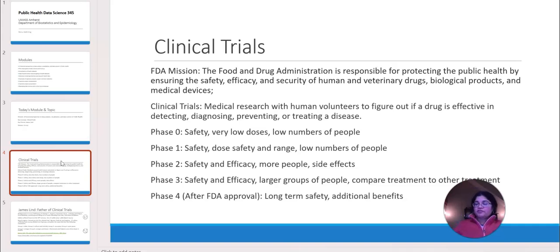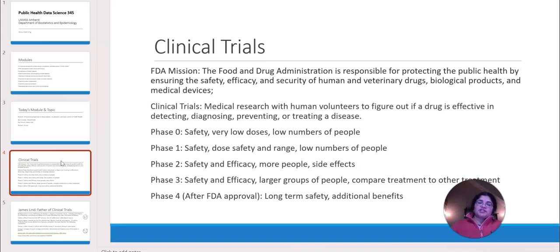So, a quick background and context setting on clinical trials. Here in the US, we have a government agency called the FDA, the Food and Drug Administration, whose entire reason for existence is to be responsible for protecting public health.